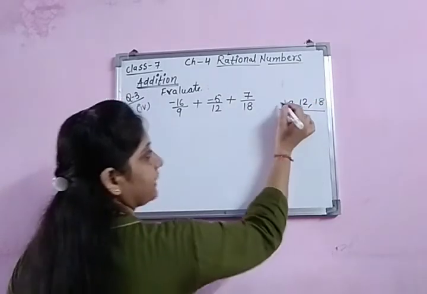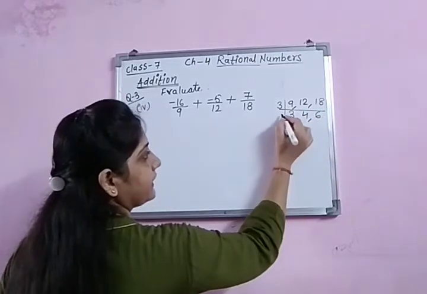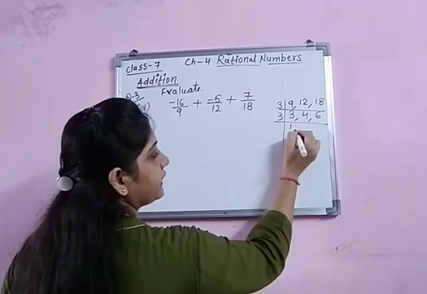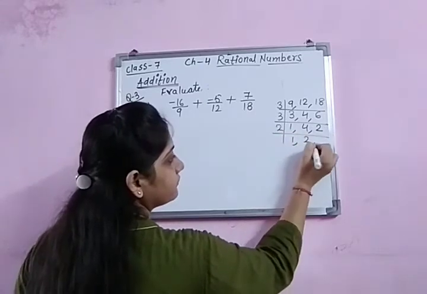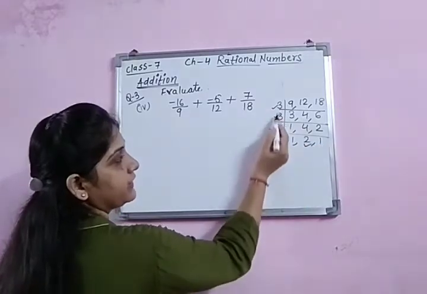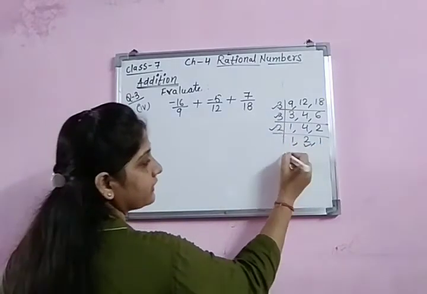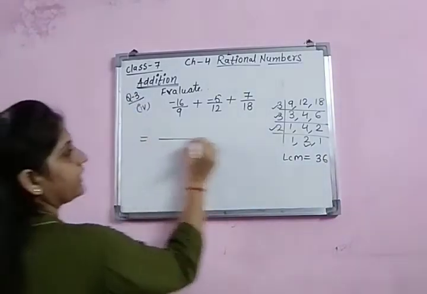Only by prime number. I am doing with 3. 3 3s are 9, 3 4s are 12, 3 6s are 18. Again by 3 I can do 2 times. Now by 2. So multiplication of these numbers. 3 3s are 9, 2s are 18, 2s are 36. LCM will be 36. So write it here.